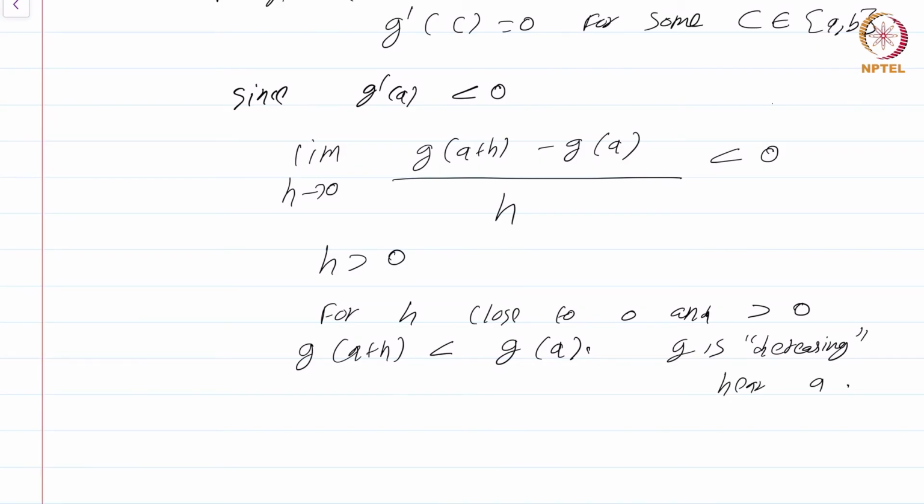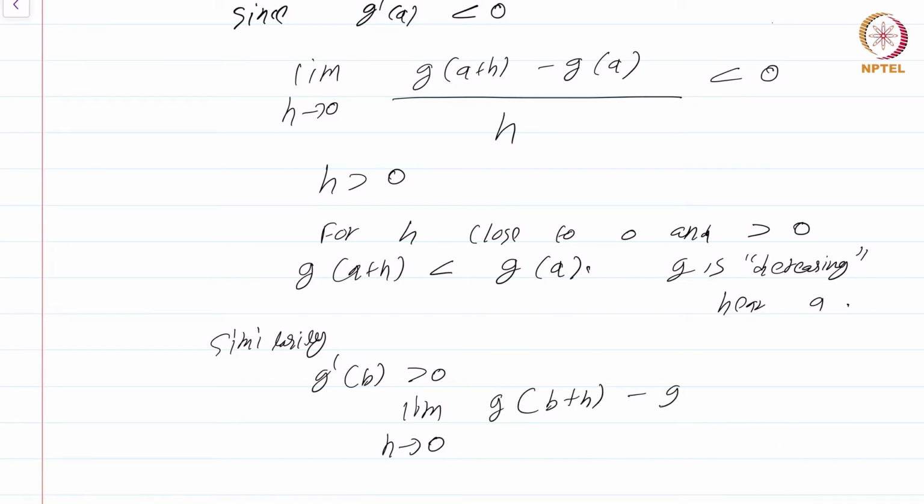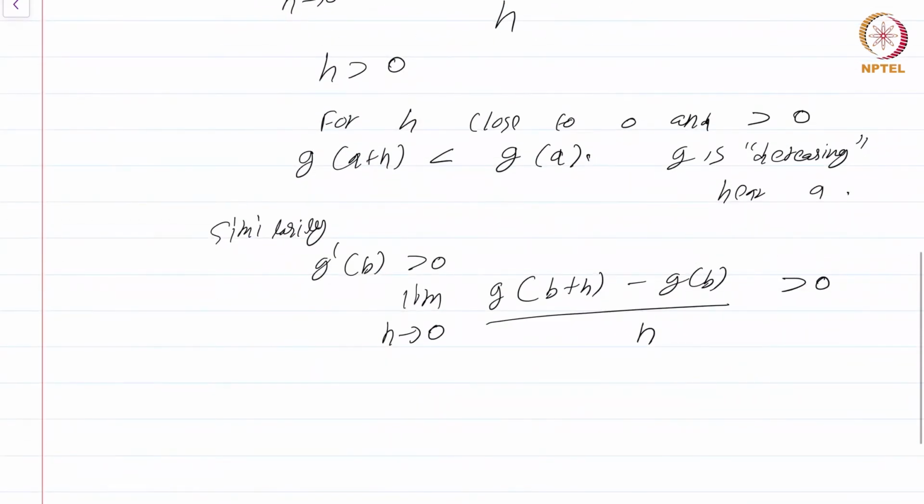So in a later module, once we prove the mean value theorem, we will show that g being decreasing and the sign of the derivative being less than 0 are intimately related to each other. Similarly, g prime of b is greater than 0. So that means the limit as h goes to 0 of g of b plus h minus g of b, divided by h, is greater than 0, right?